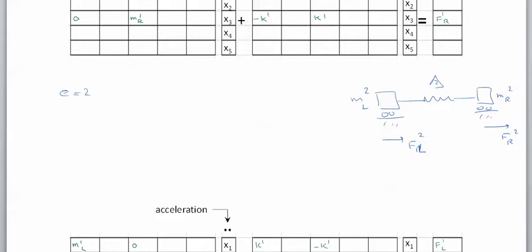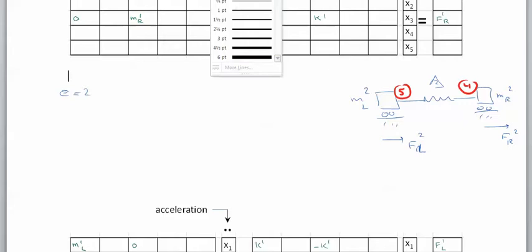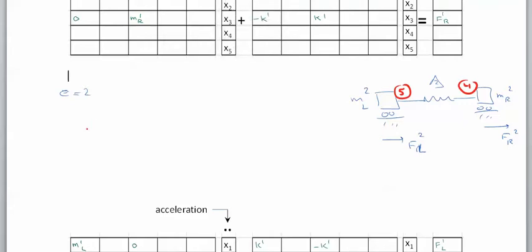And keep in mind that this element, when you look at your connectivity from the original diagram, it runs between node 5 and node 4. Okay, good. So what's the equation of motion?